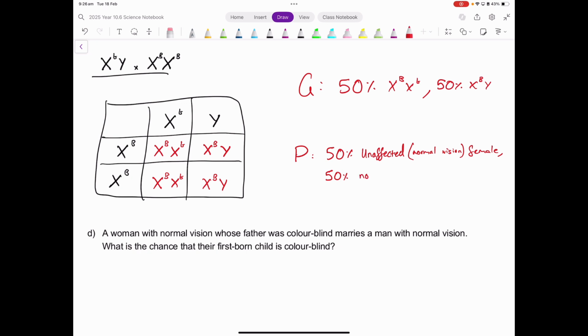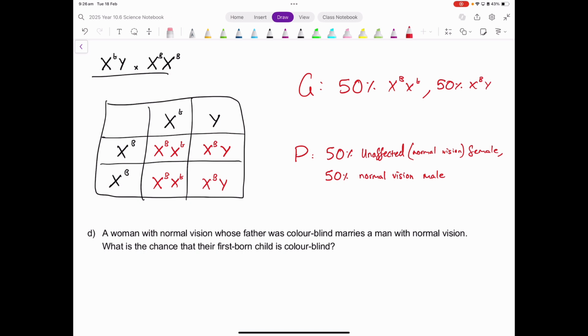Great. Do you have to write the female as like a carrier? Doesn't it just have the two dominant ones? You don't have to write that they're a carrier, because with the phenotype we're looking at what we can see. Yeah, good question.